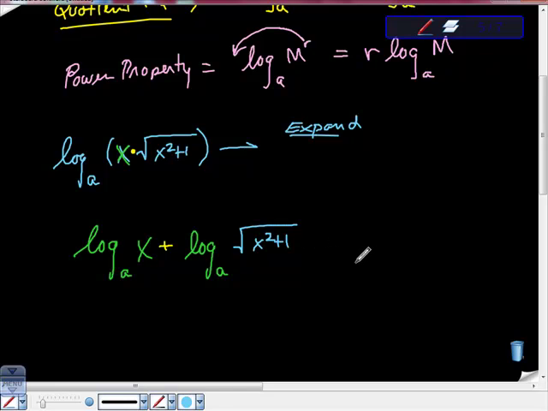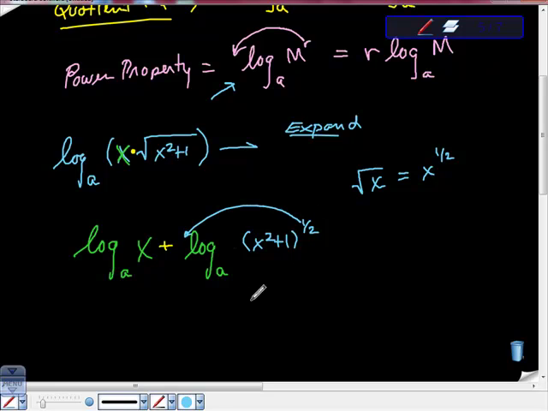So you could leave it that way. However, remember that radicals are the same as rational exponents. The square root of some value is that value to the 1/2 power, its equivalent rational exponent replacing a radical. So I'm going to go ahead and do that. Then, using this power property, I'm going to be able to take this and roll it back to the front.